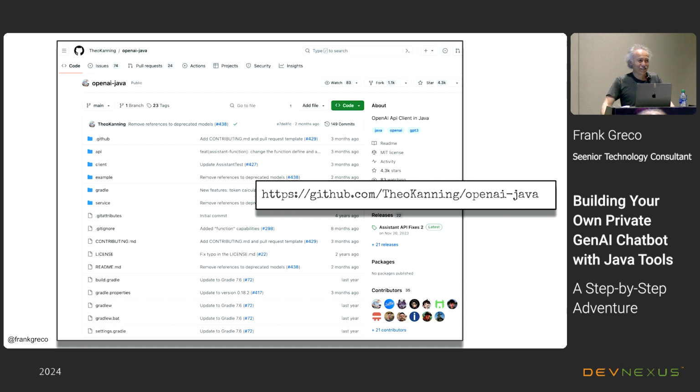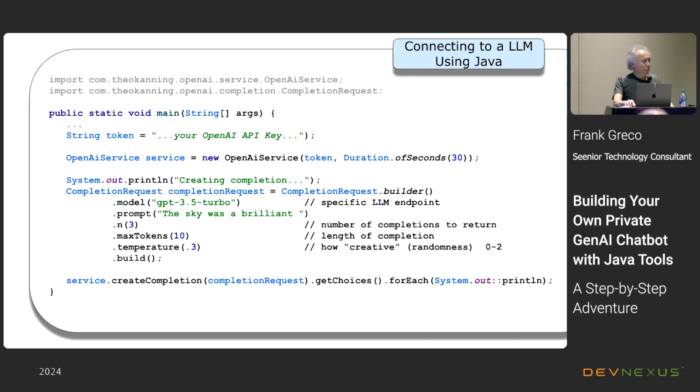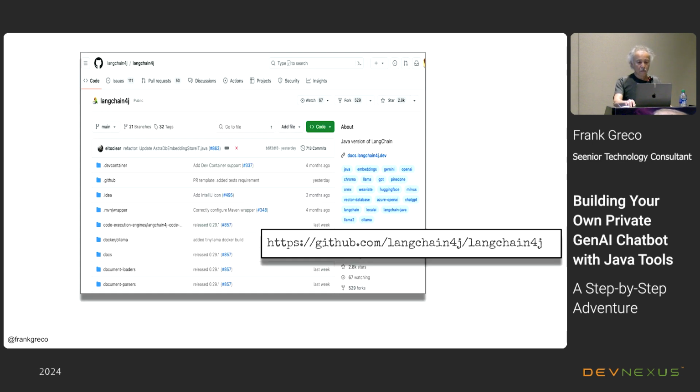Instead, if you look at LangChain4J, that's a really good one. There are other APIs to use. Also, there's a talk this afternoon, Ken Cousin has a talk on APIs, you should go to that one too, that's really good.